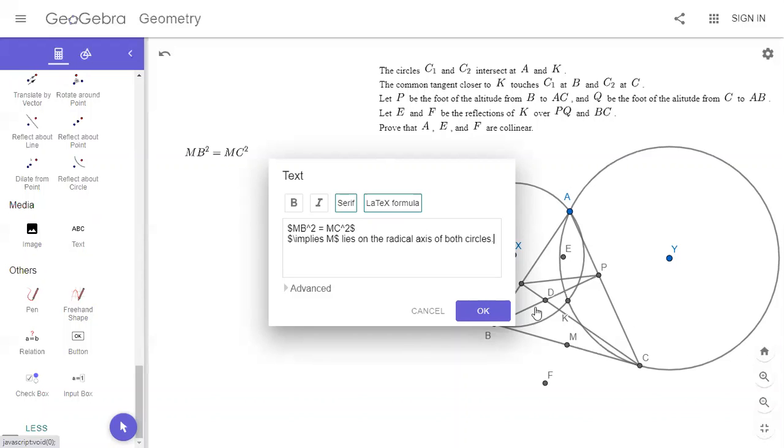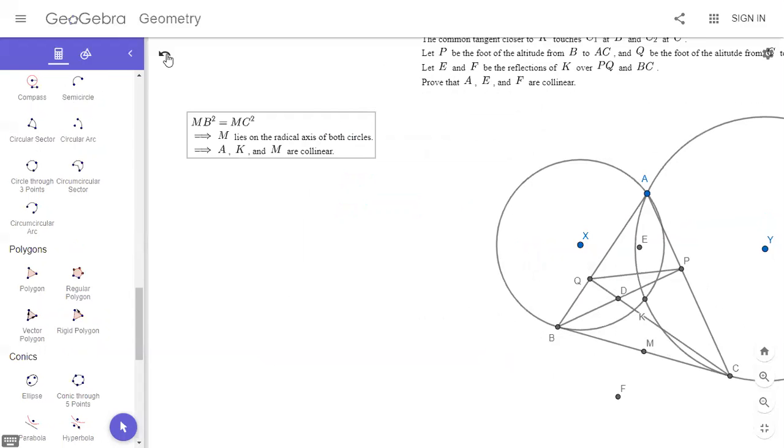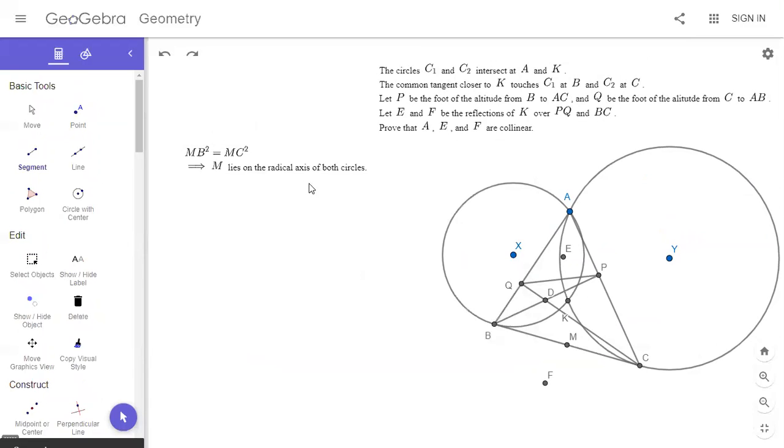And then that means that A, K, and M are collinear. That's the first step. And now I'm going to show the proof that DK is perpendicular to AM.